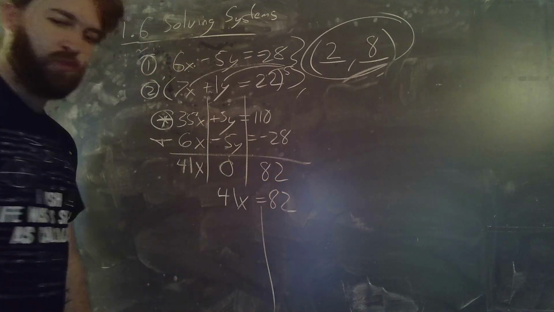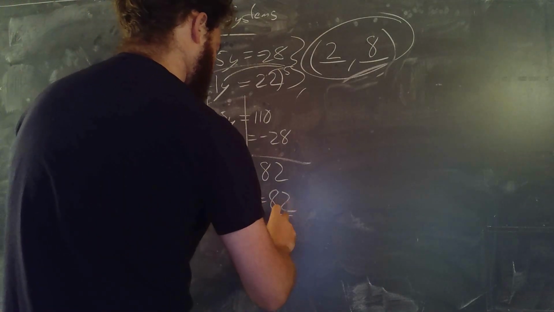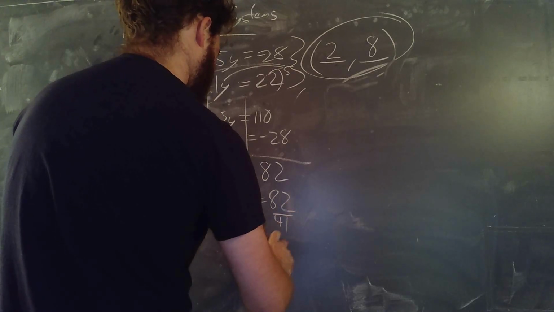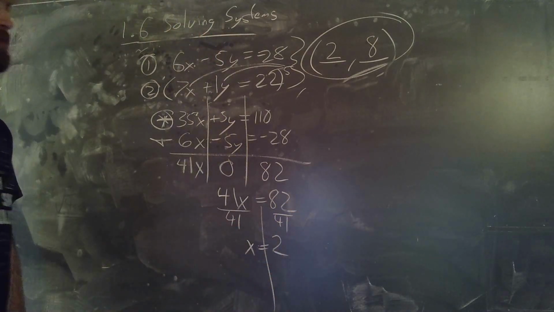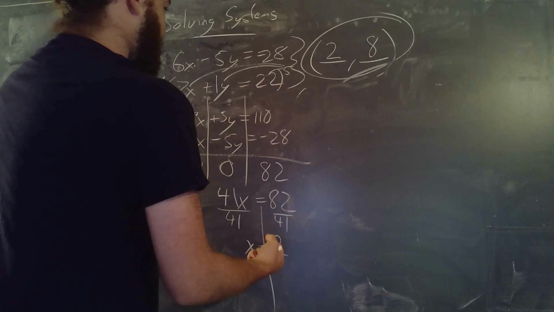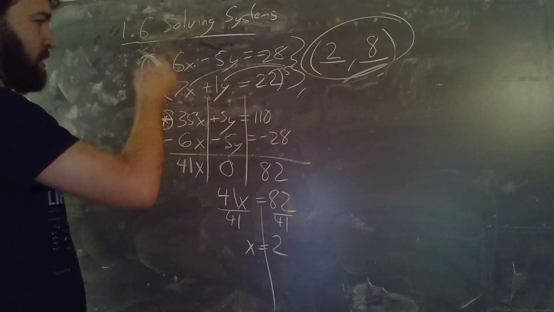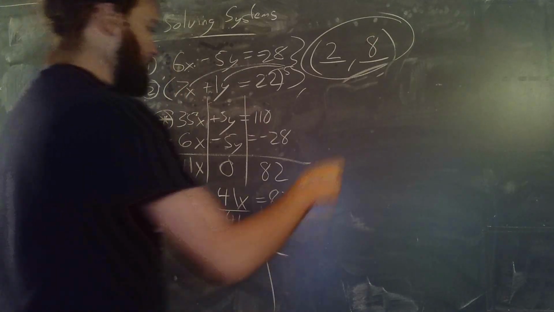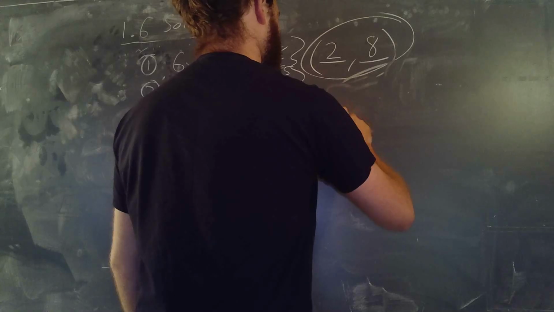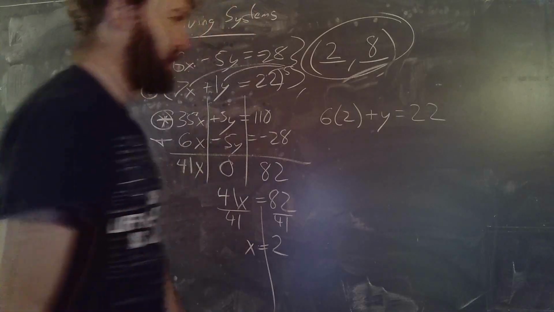And then we can do the rest of our procedure, where I divide by 41 on both sides, just like we did in the substitution method, and we get that x is equal to 2. Cool. So once we have x equal to 2, we just pick our favorite equation. I like equation 2, and we will plug in 2 for the x's.